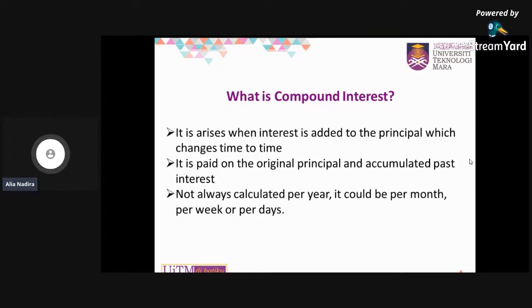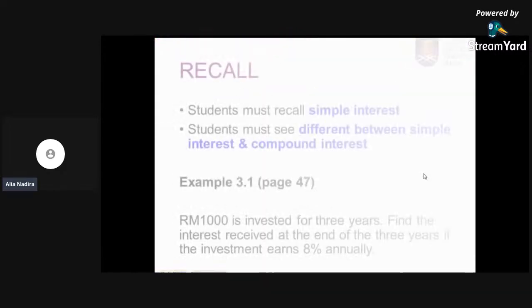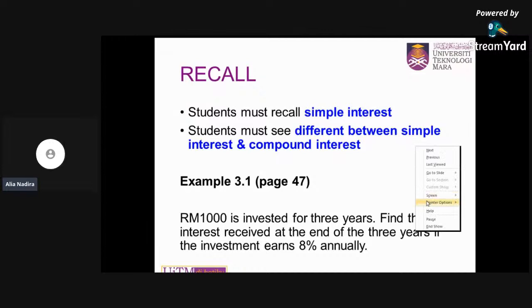In simple interest, normally the interest is calculated per year, but in compound interest it could be per month, per week or per day. So you must recall simple interest and identify the difference between simple interest and compound interest.